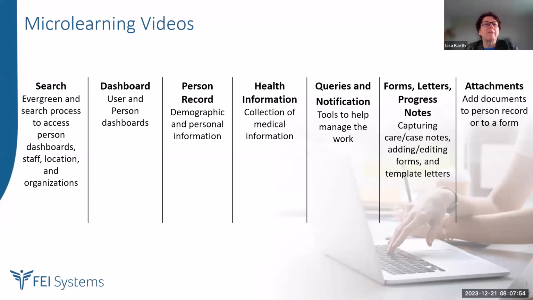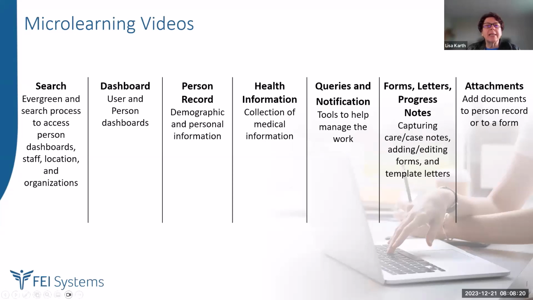There's a microlearning on forms, letters, and progress notes. So within your progress notes, you'll want to take a look at that because it's changed just a little bit. I believe there's more categories for you. We're going to spend a lot of time adding and editing forms. And then this microlearning also talks about letters.